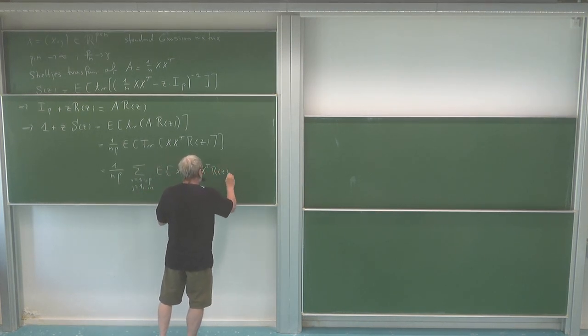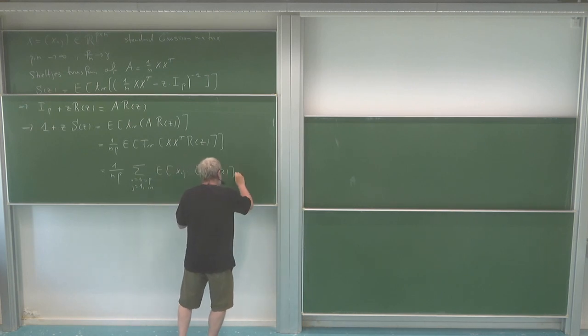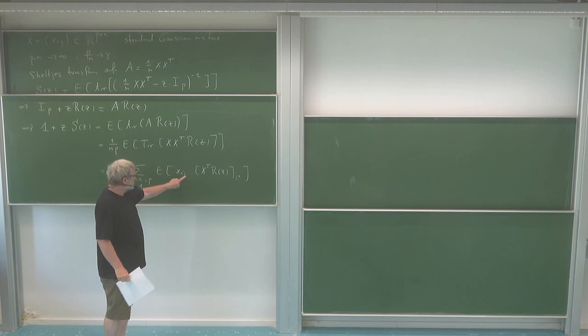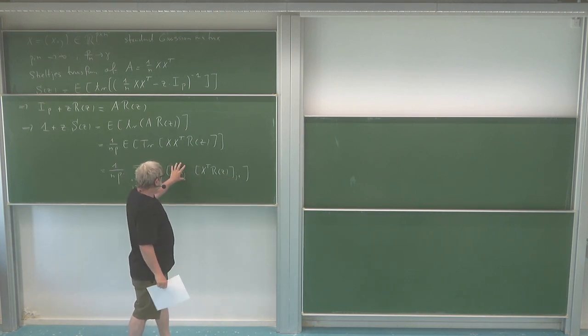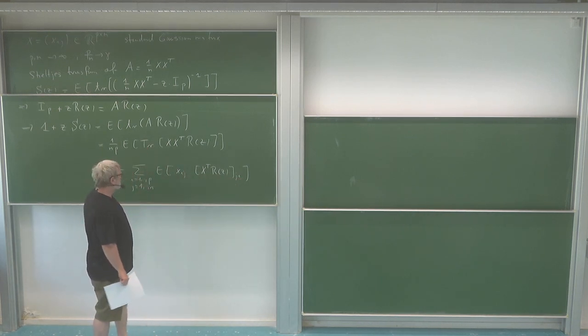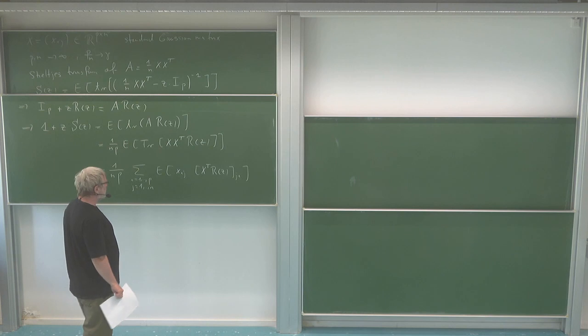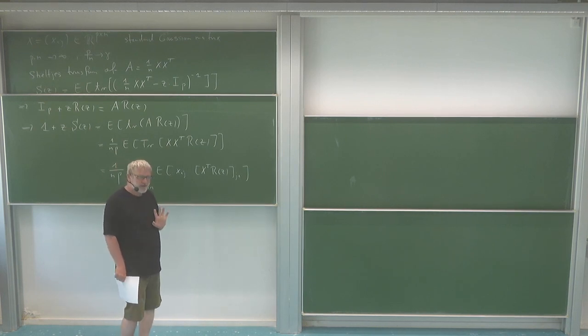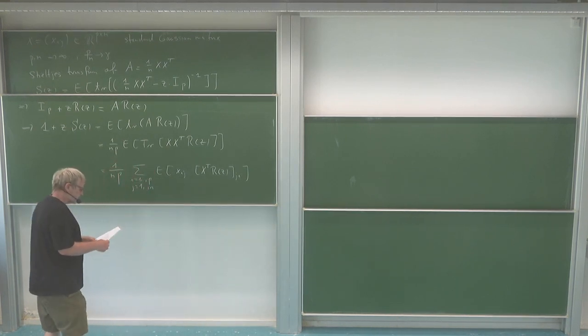I'm not splitting this at the moment, and I take there the ji entry. So I'm summing over i and j. Summation over j is the matrix product between this and this, and summing over the i here is taking the trace. So that's just writing this out explicitly. And of course the i is running from 1 to p, and the j is running from 1 to n, because that's the size of our matrices.